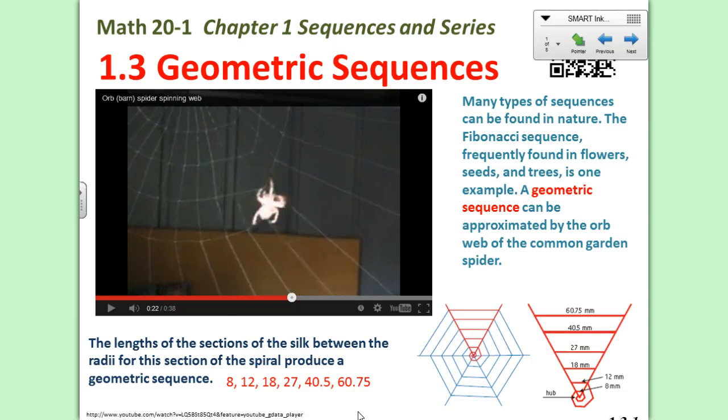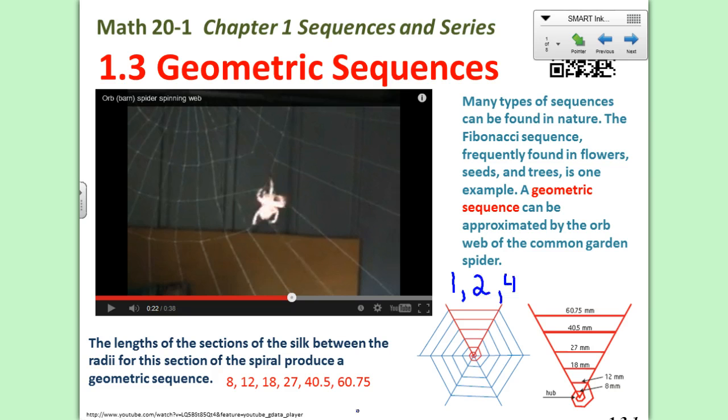I'll give you another example that may be closer to your heart, but you yourself are the product of a geometric sequence. You started on one evening or night, or we're not sure where, but you started as one cell. And there's some biological things that happened, and that one cell became two.